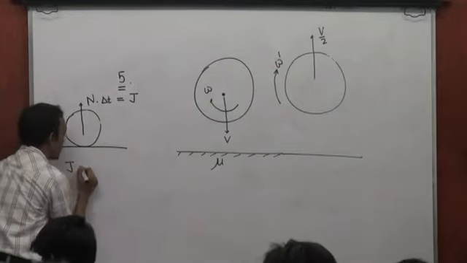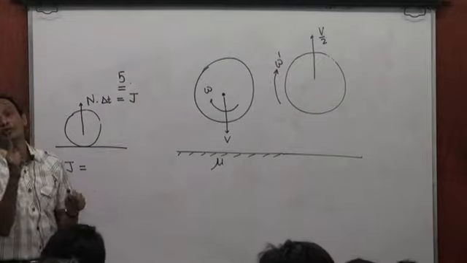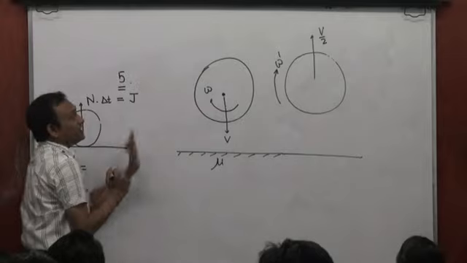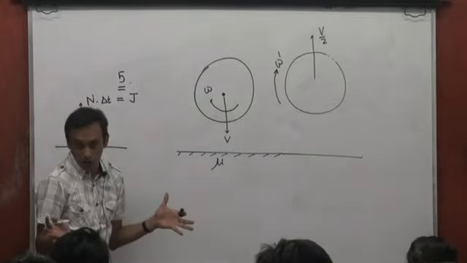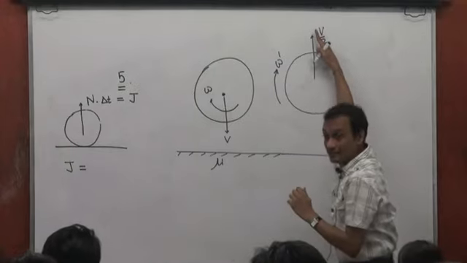Now, what does this upward linear impulse do? Linear impulse means change in linear momentum in the upward direction. So, final linear momentum in the upward direction minus initial linear momentum in the upward direction. Final linear momentum in the upward direction is mv by 2.